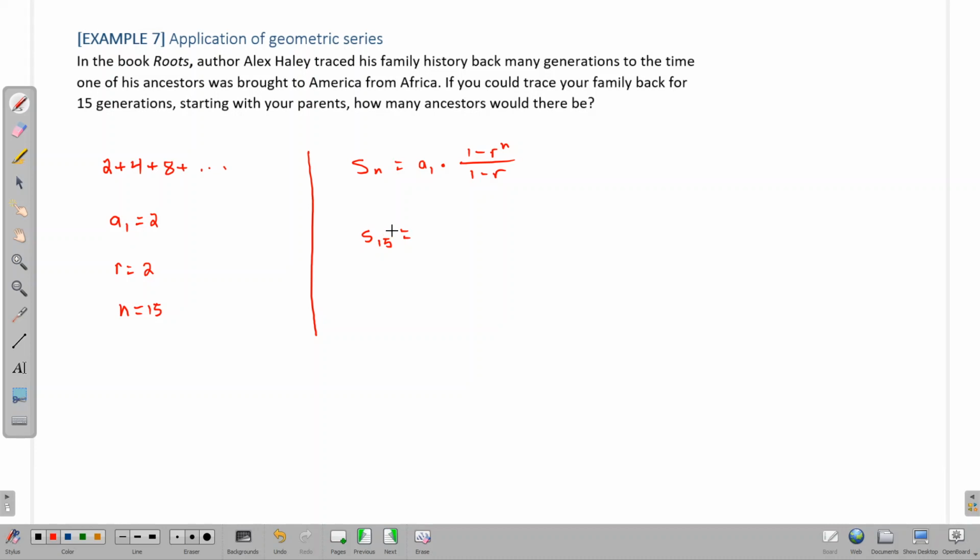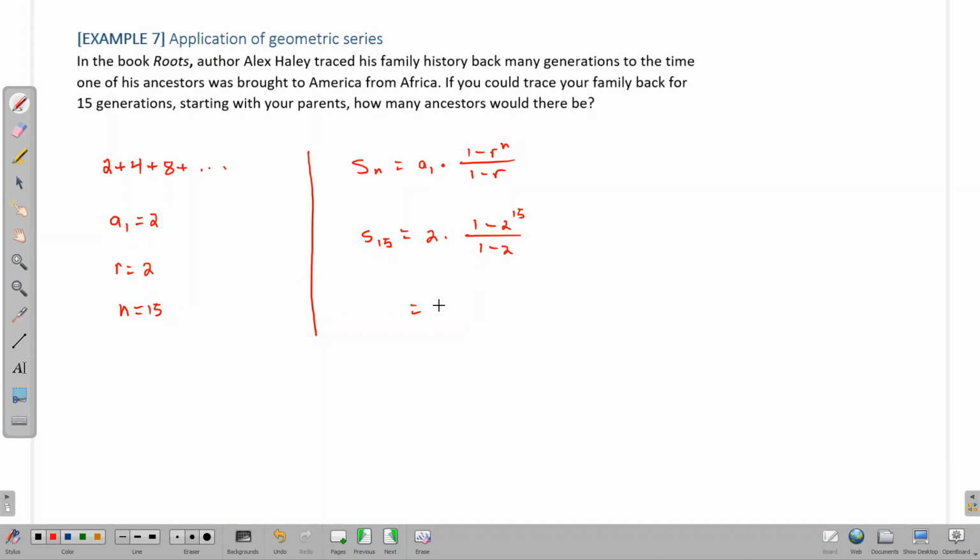Okay, so we've got 2 times 1 minus 2 to the 15th over 1 minus 2. And if you put that in your calculator, you are going to get a very large number.